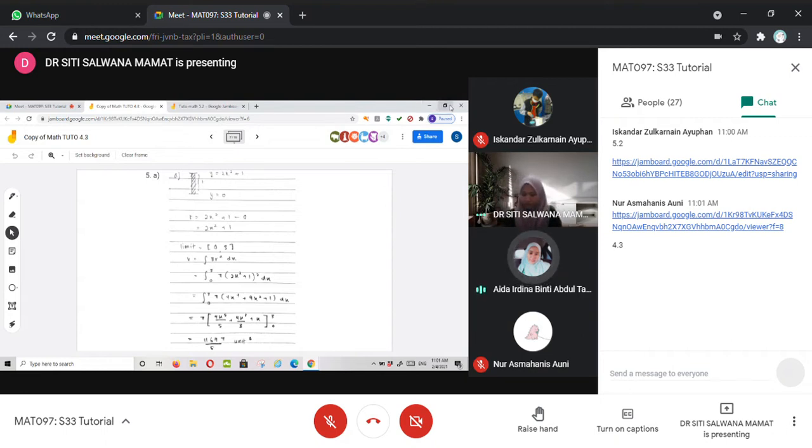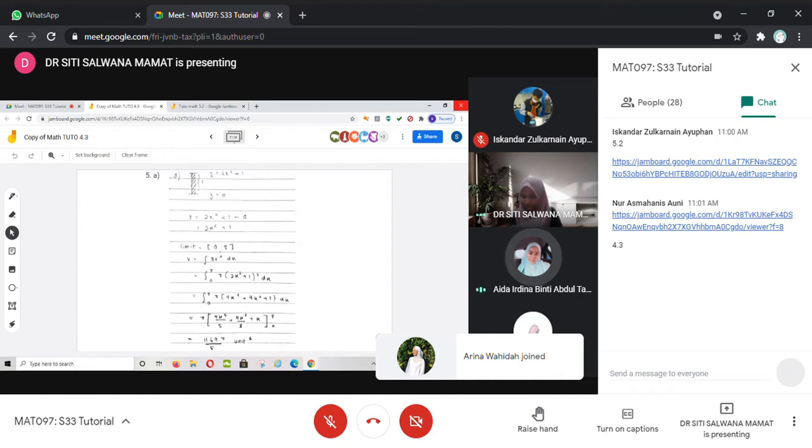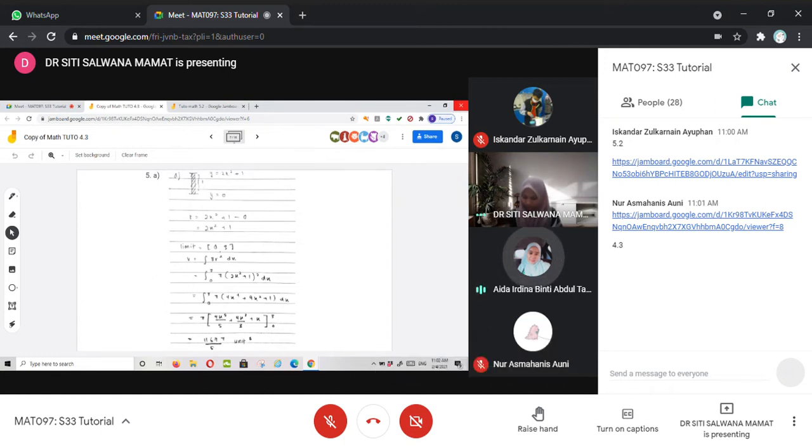And then we substitute r into the equation: pi times (2x squared plus 1) to the power of 2 dx. After that, kita kembangkan: pi times 4x to the power of 4 plus 4x to the power of 2 plus 1 dx. And then we integrate the equations.